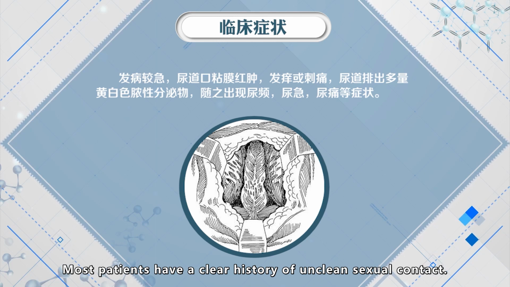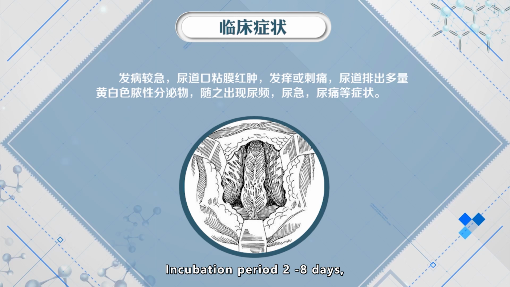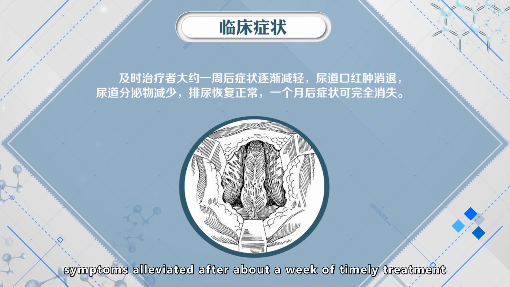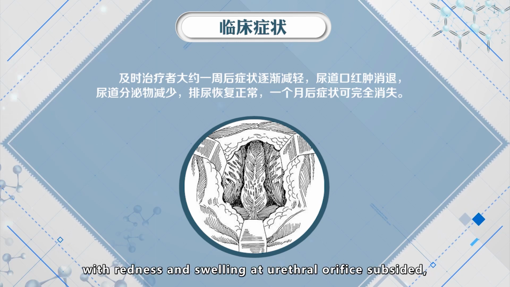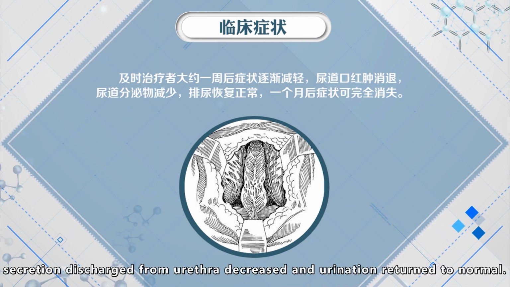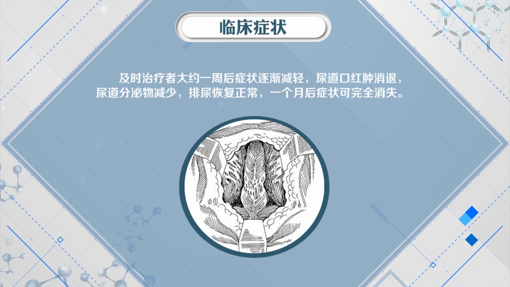Most patients have a clear history of unclean sexual contact. The incubation period is 2 to 8 days, and generally attacks within 4 days. Symptoms are alleviated after about a week of timely treatment, with redness and swelling at the urethral orifice subsided. Secretion discharge from the urethra decreases and urination returns to normal.